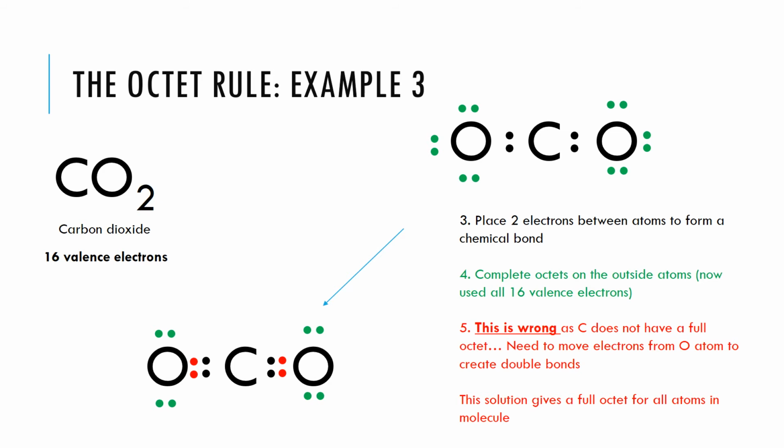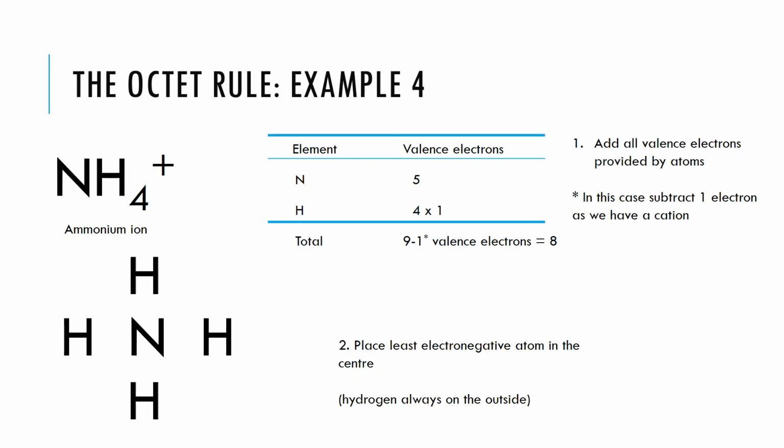I've still used all of the valence electrons in the system, but now, by creating a double bond between the carbon and the oxygen, that solution gives a full octet for all atoms in the molecule.